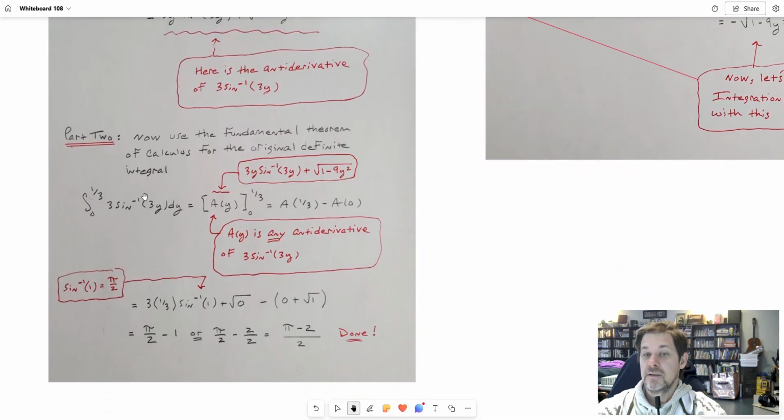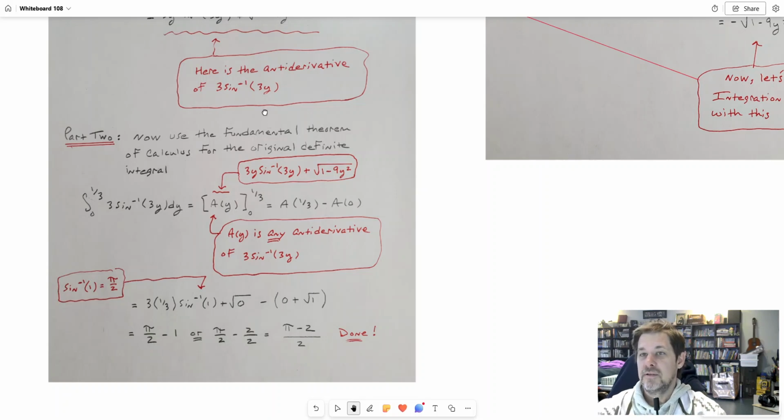Well, because to solve a definite integral, right? The definite integral from 0 to 1/3 of 3 sine inverse 3y dy, the fundamental theorem of calculus says that any antiderivative of this original function will work. If you take any antiderivative of that original function and you put in the upper bound of integration and then you put in the lower bound of integration and you subtract, then that's how you can solve the definite integral.